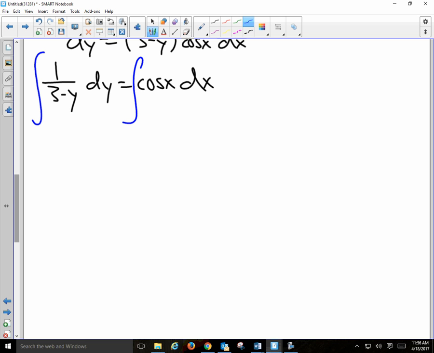Antiderivative of cosine of x is positive sine of x plus c. Oh no, 1 over 3 minus y. Negative 1 dy. I do not have a negative dy, I have a positive dy. Negative du is equal to dy.